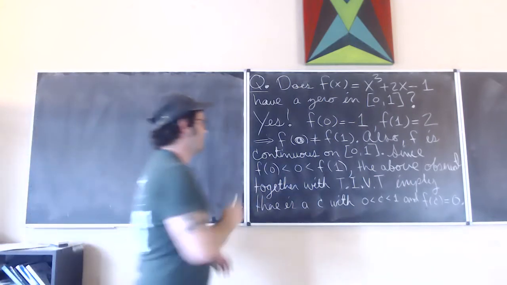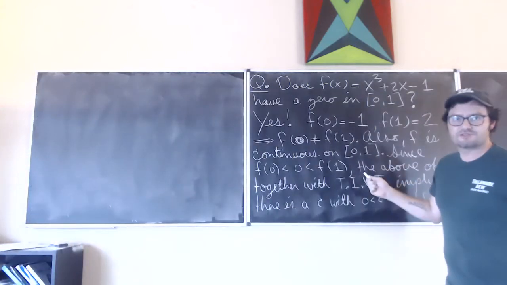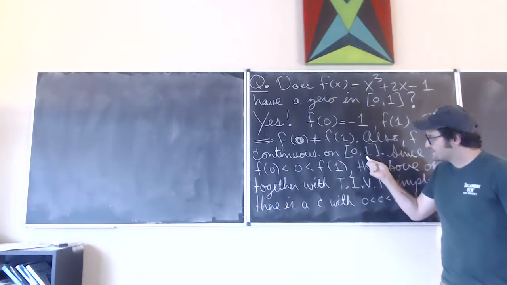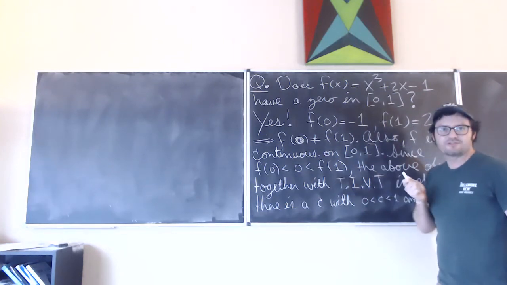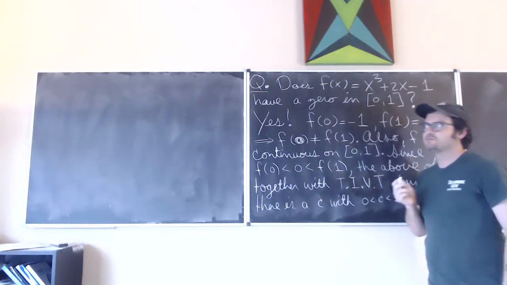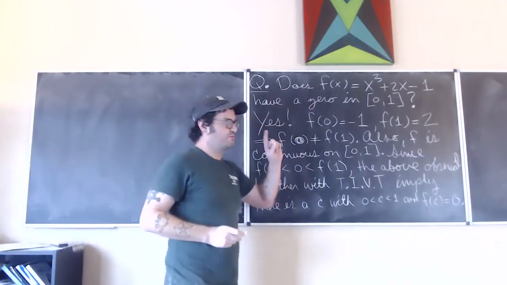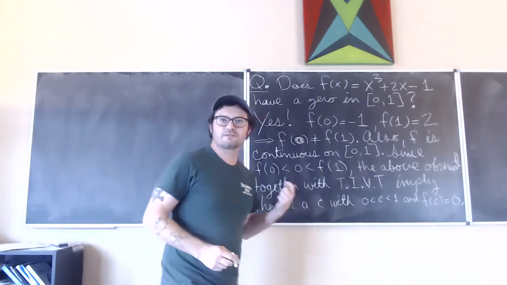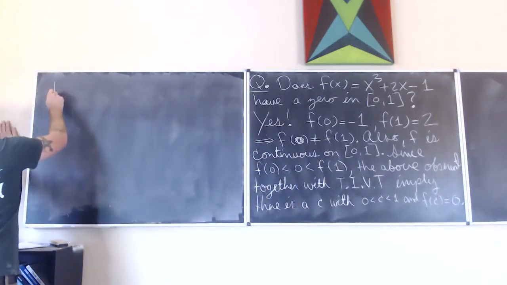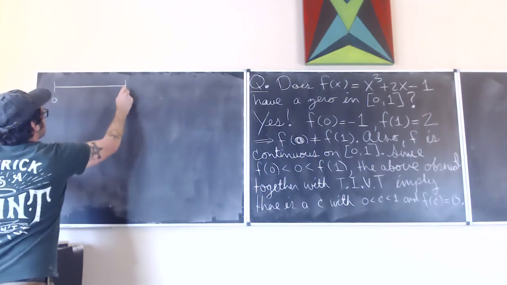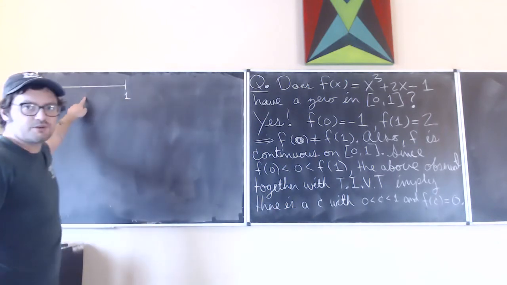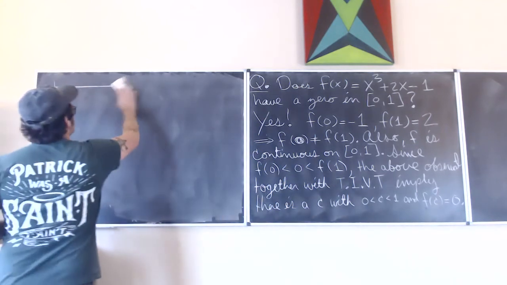So we know something by this observation. We know there is a 0 of this function in there somewhere, right? So if we're going to try to find that 0, we just need to search inside of there. So here's 0, here's 1. It's somewhere in there. In fact, I'm going to draw it a little bit.